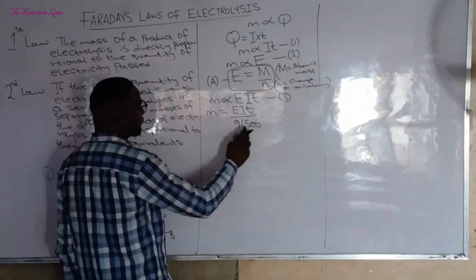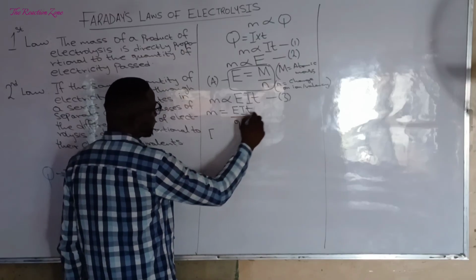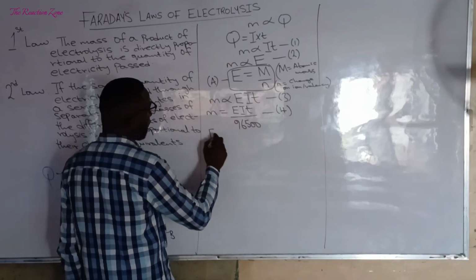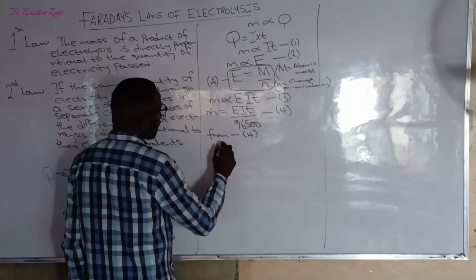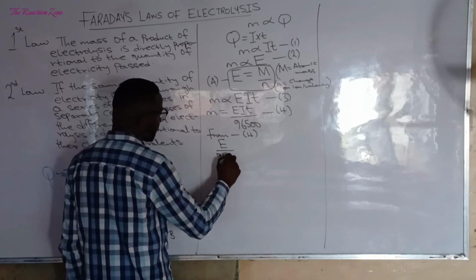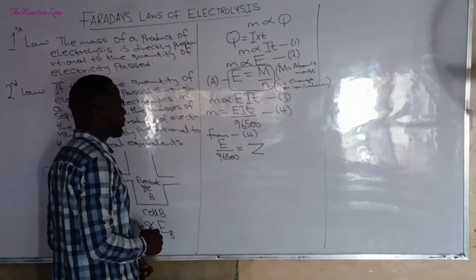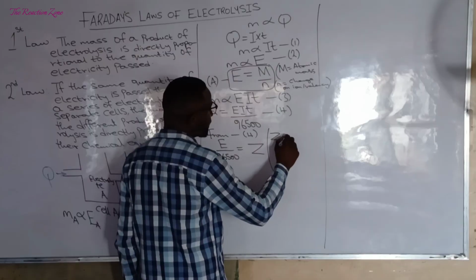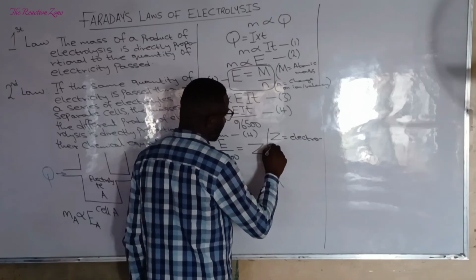Now, having done this, if you call this equation 4, from equation 4, E over 96,500 is the same thing as Z. And what exactly is Z? Z is called the electrochemical equivalent.